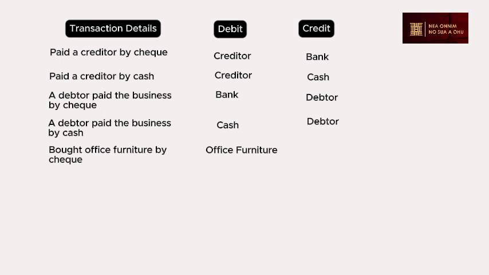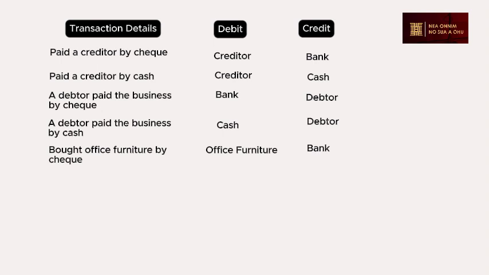So we bought office furniture by check. So we made the payment from the bank account. So the bank account is the giving account, and then the office furniture account is the receiving account. So which one are we debiting? The receiving account, which is the office furniture account, and then we'll credit the giving account, which is the bank account.